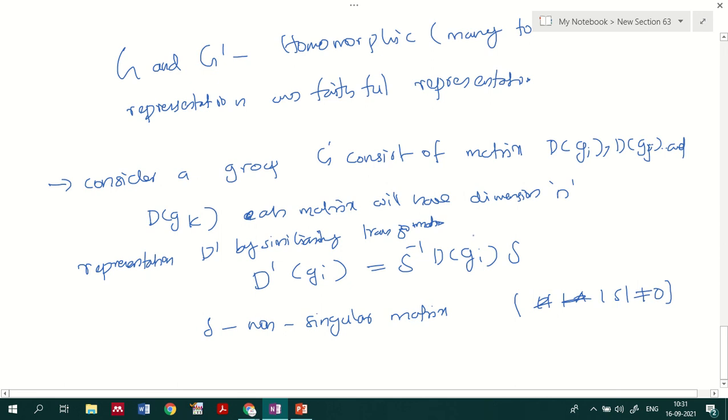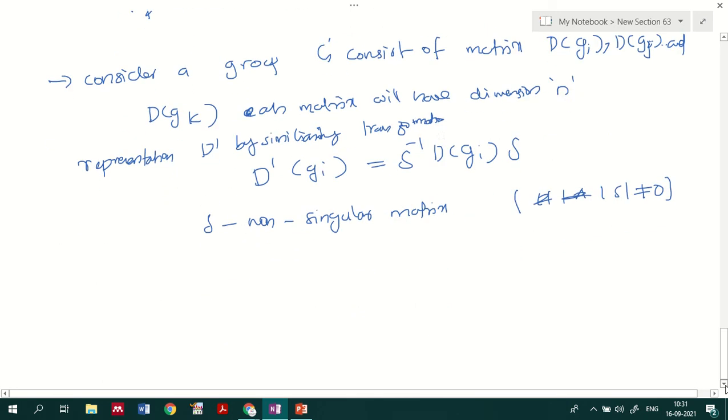So that is about representation of a group. Basically, you can represent the elements in a group in the fashion of a matrix representation. I'll come to the examples of that.